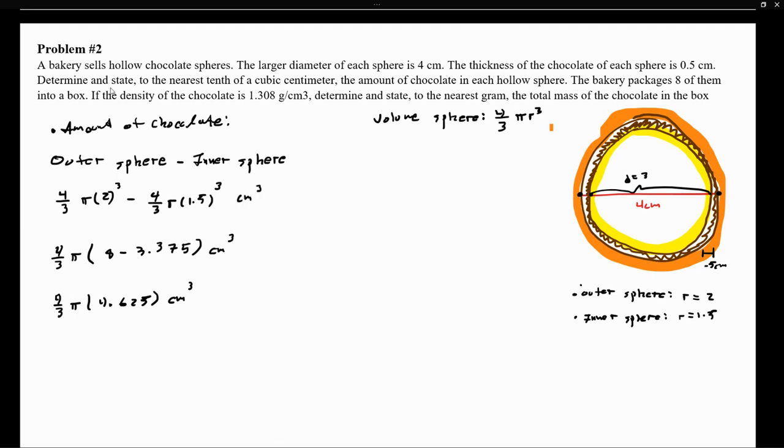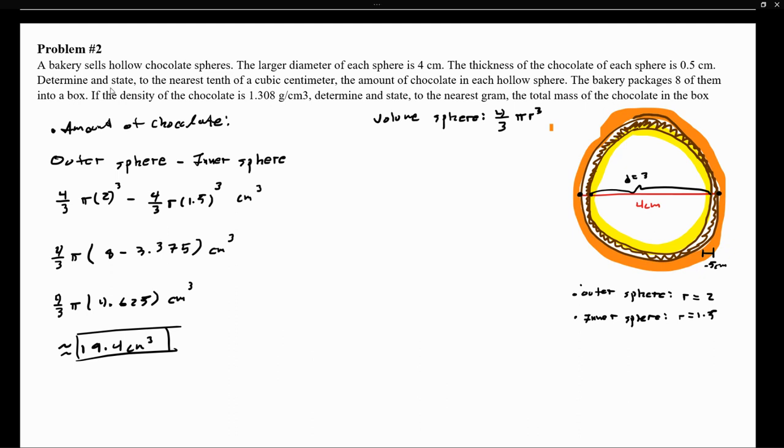And if we compute this on a graphing calculator, it's going to be approximately 19.4 centimeters cubed. So what we know so far is that the volume of chocolate is equivalent to 19.4 centimeters cubed. But that's not the question that we wanted to answer.